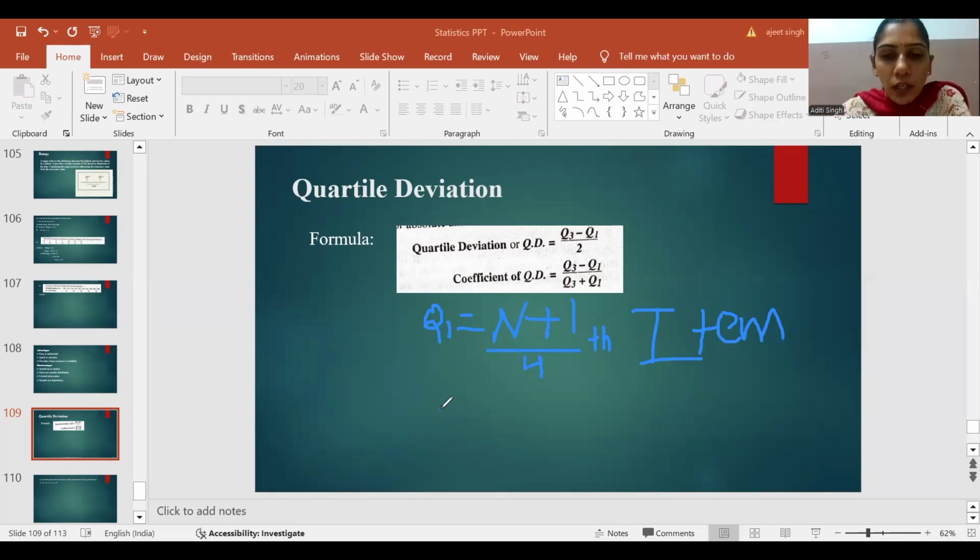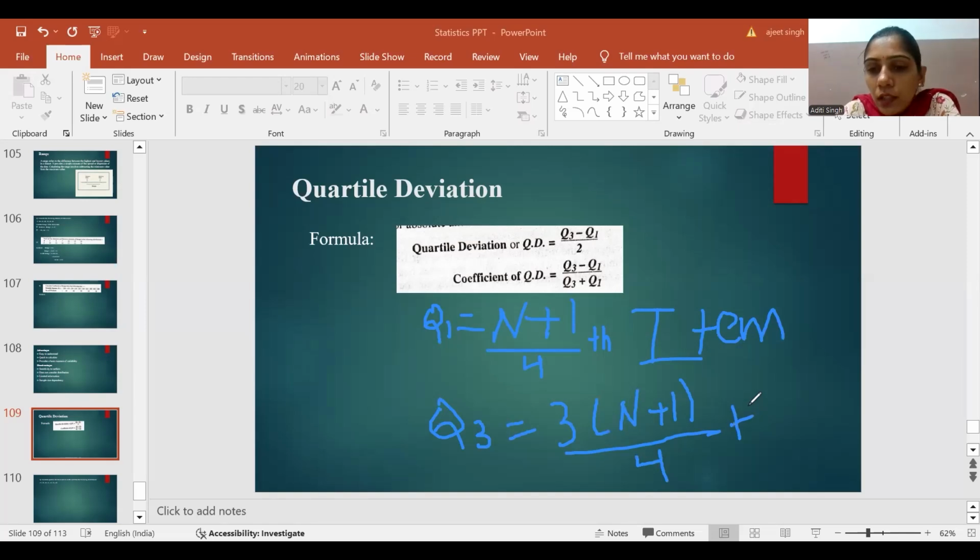Now for calculating Q3, the formula is 3 multiplied by (N plus 1), divided by 4. This is also the item for which we are calculating.